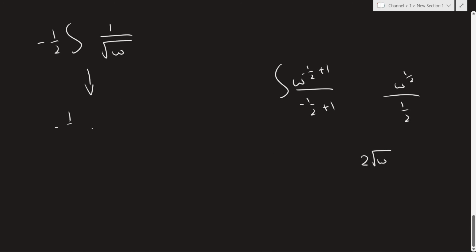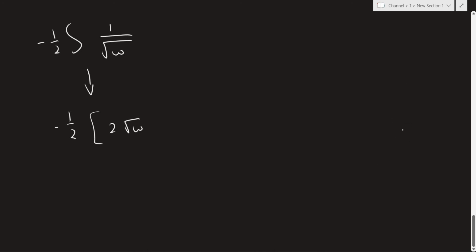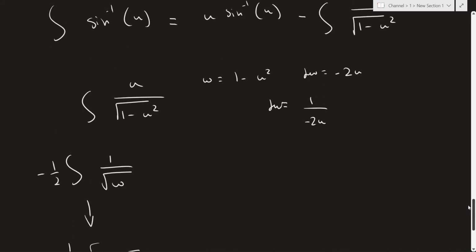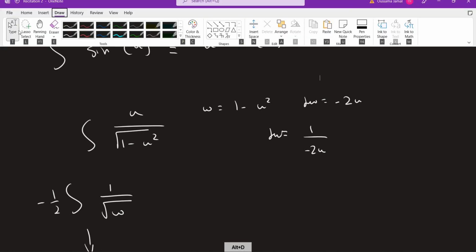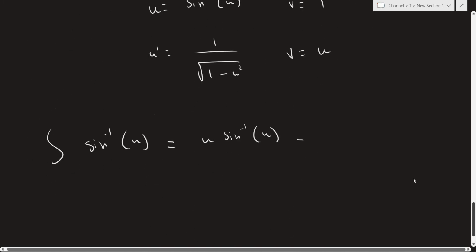So what this is negative half and 2 radical w. Great. We can cancel the 2 here because there's 2 outside and inside over each other. So what it really is negative root w. Great. We just replace this whole thing by negative root w. Okay, let me erase. Okay, so negative root w.